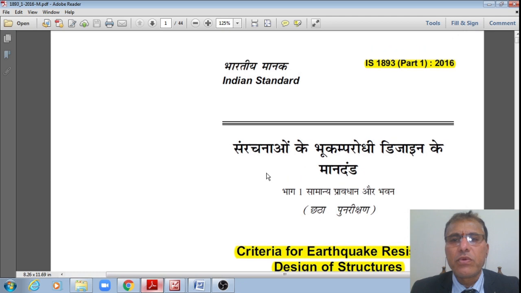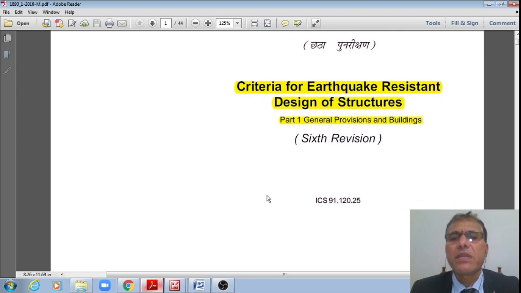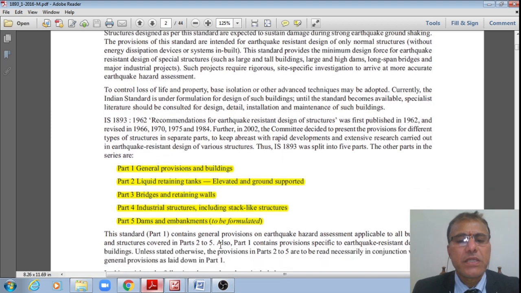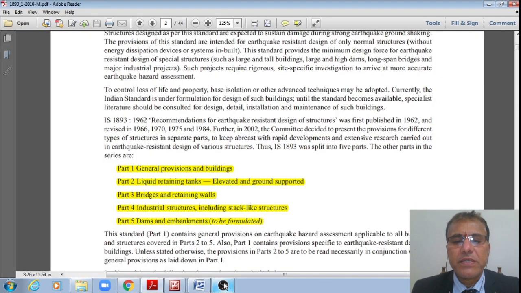Now we'll move to IS 1893 Part 1, 2016, which is called the Criteria for Earthquake Resistant Design of Structures, Part 1, General Provisions and Buildings. This 1893 is divided into 5 parts.